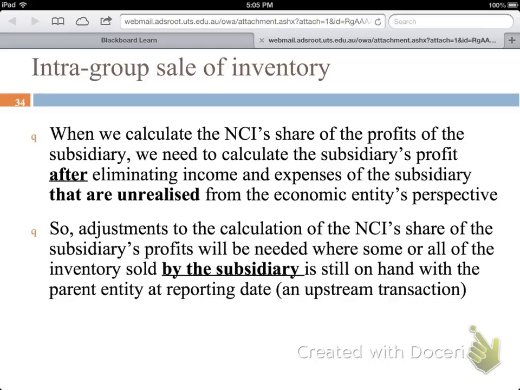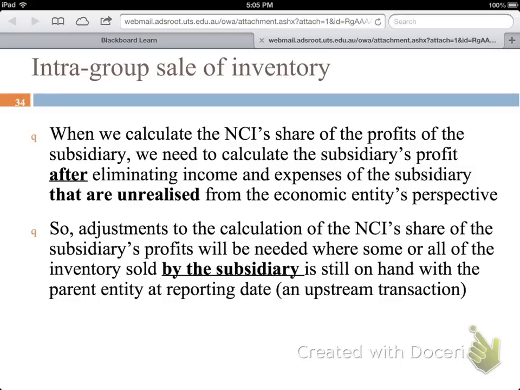So in the example of Corio and Yara, we simply took the amount of the profit and then distributed that to the NCI. But in other circumstances, you might have to fix the profit of the subsidiaries first. By fixing, I mean remove the amount of unrealized profit first and then allocate to the non-controlling interests. So whenever we have unrealized profit, we're going to deduct that amount from the subsidiaries' profit.